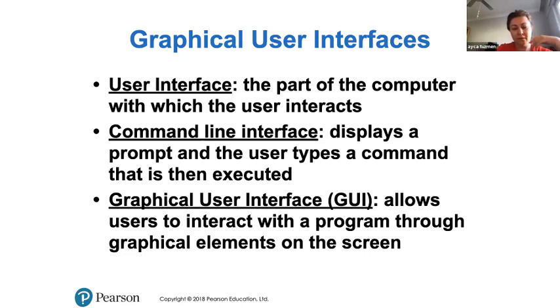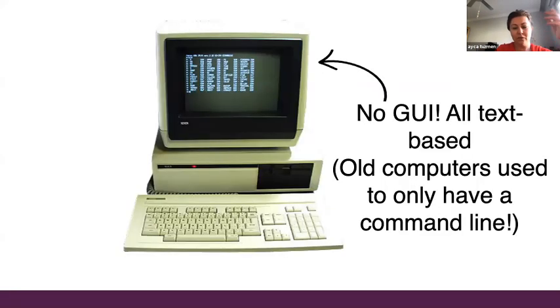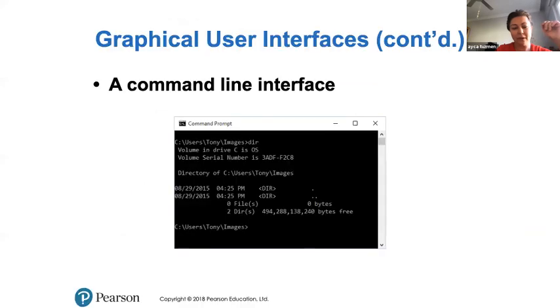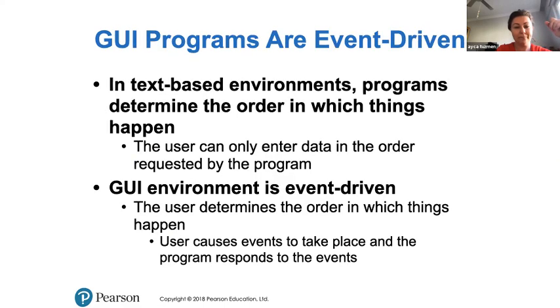Hopefully graphics, the GUI, allows for a much more visual input. Without the GUI, all computers used to have just a command line, a black screen or vice versa. You just type in commands and interact with the machine using the command line.